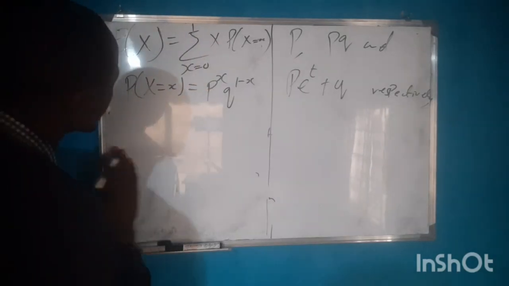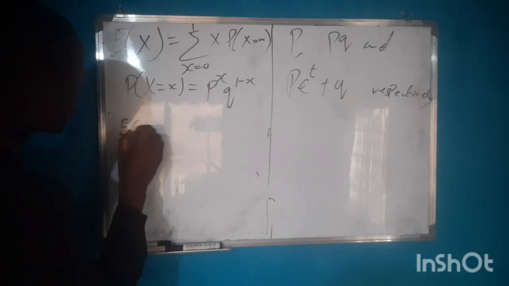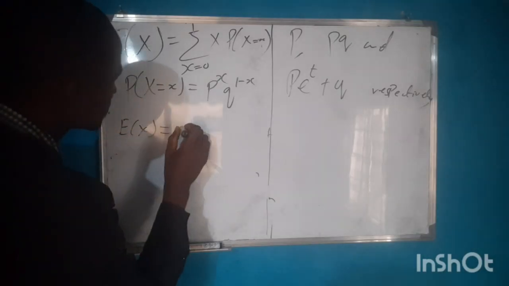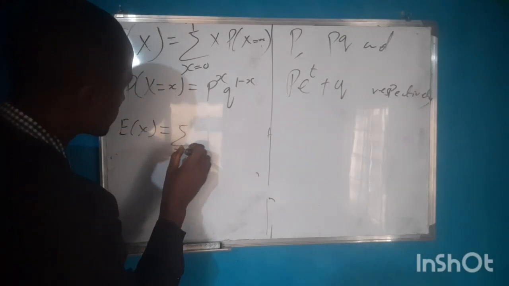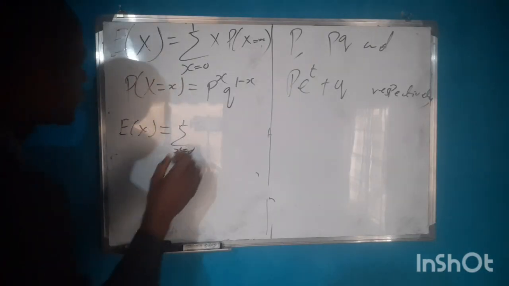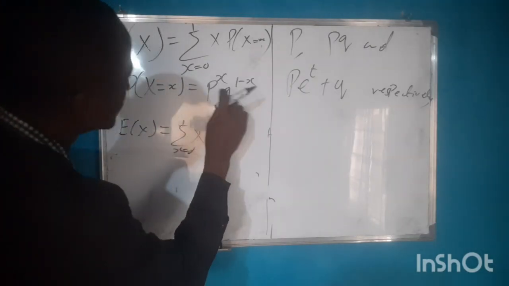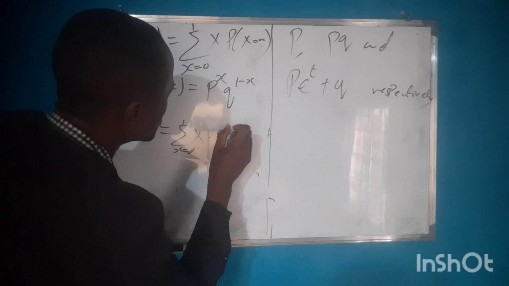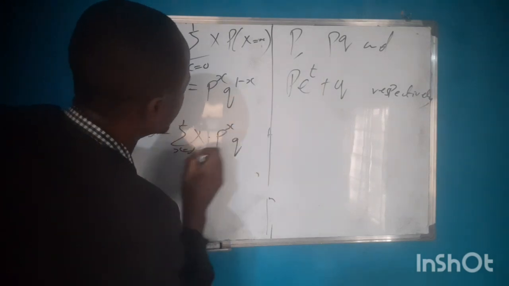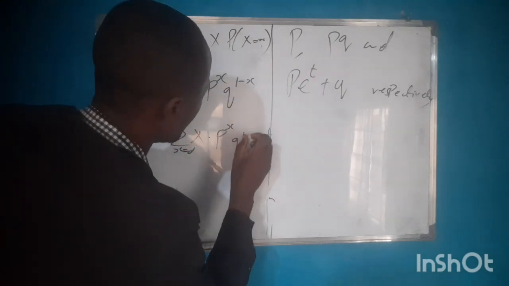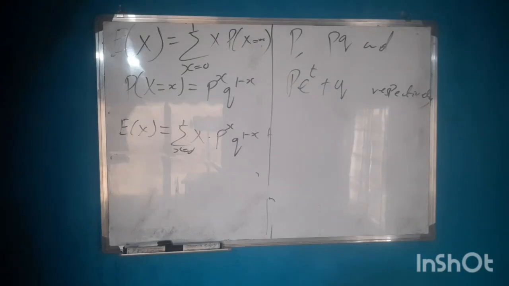So the expected value of X is the summation as x goes from 0 to 1 of x multiplied by P to the power x, Q to the power 1 minus x.